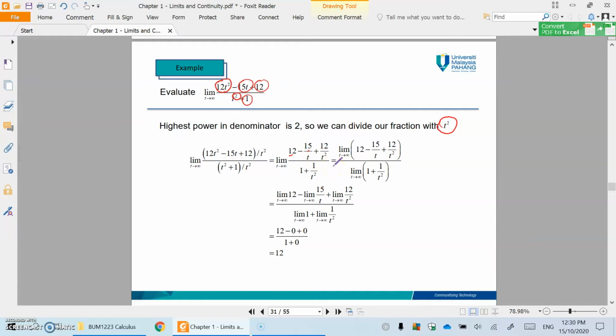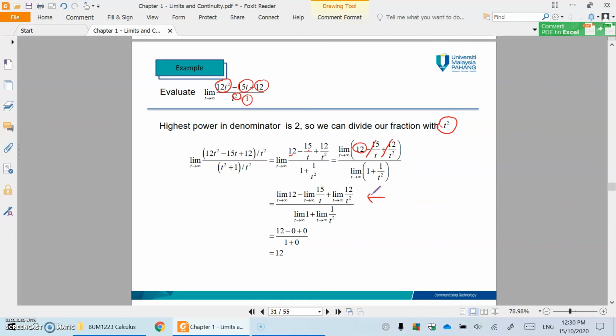Next, we evaluate the limit. According to the sum and difference rule, the limit of 12 minus 15 over t can be separated as in this step.